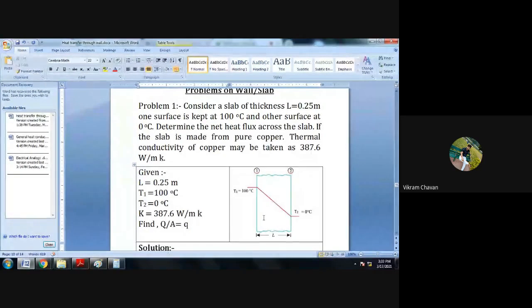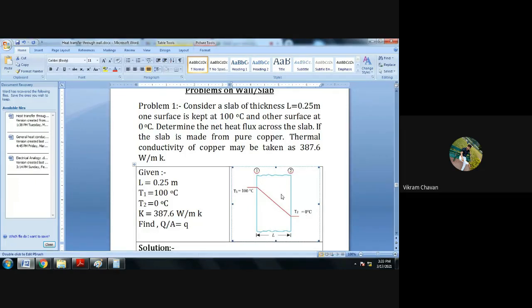A general diagram for the heat conduction through a plane wall, and provide the temperatures and appropriate nomenclature for the thickness, where we have located the T1 temperature and where we have located the T2 temperature. So T1 is equal to 100 degrees Celsius and T2 is equal to 0 degrees Celsius.